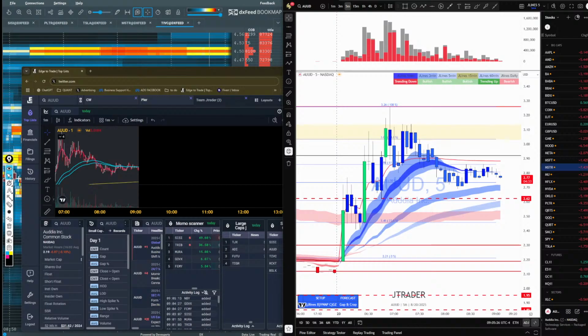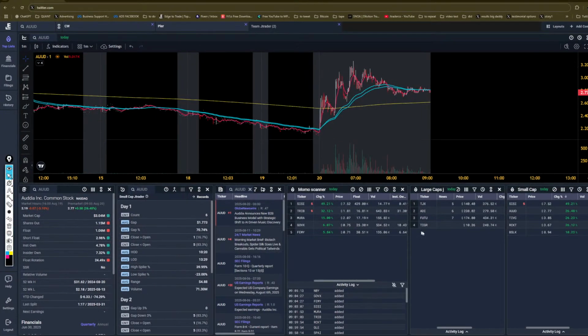So we're looking for 290 till 305 spike short using Bookmap, TP 230. The system over here is saying right now, gap and crap. So we're going to look to trade that short.